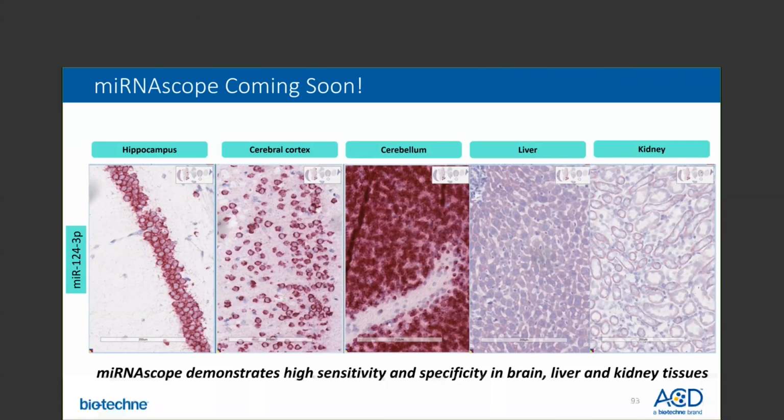Like RNAscope or BaseScope, the miRNAscope assay can be combined with downstream protein detection and is compatible with FFPE, fresh frozen, fixed frozen, and cultured cell samples. Initially, it will be available as a single-plex chromogenic fast-read assay on the manual and microautomation platforms.